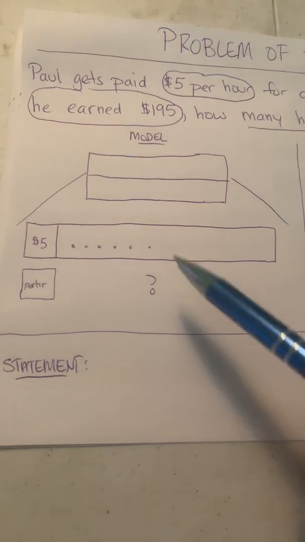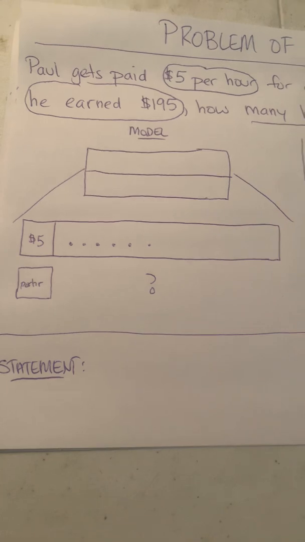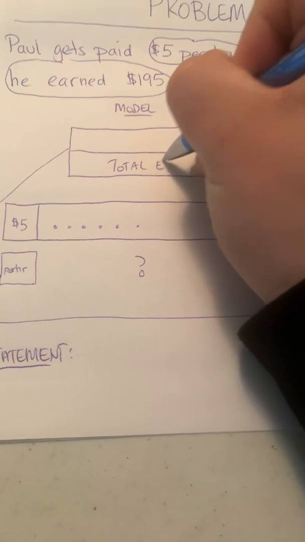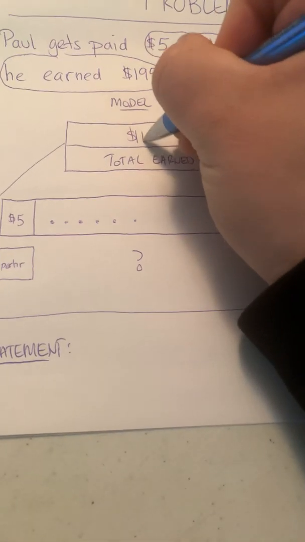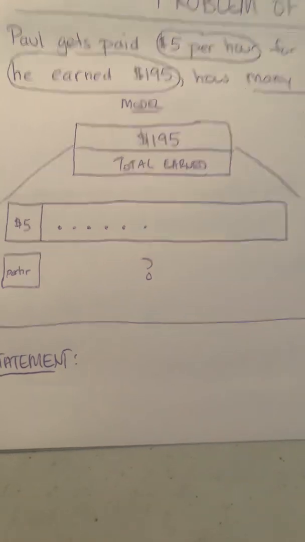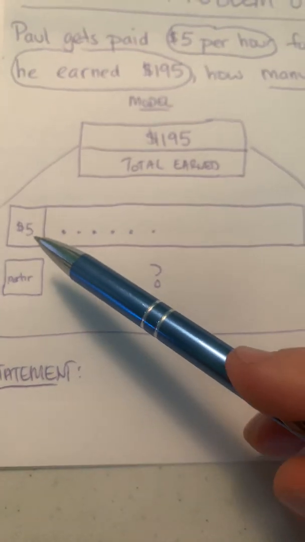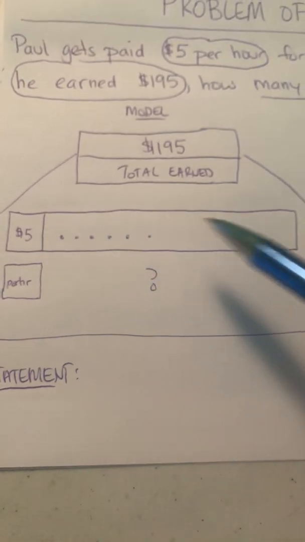I know up top my model is always the total amount. So I'm going to put total earned, and it's going to be $195. Now, all this other stuff, I have $5 here that is divided for my tape diagram.